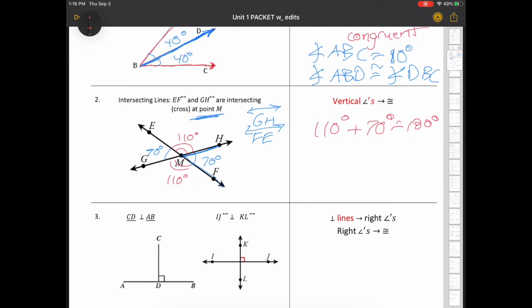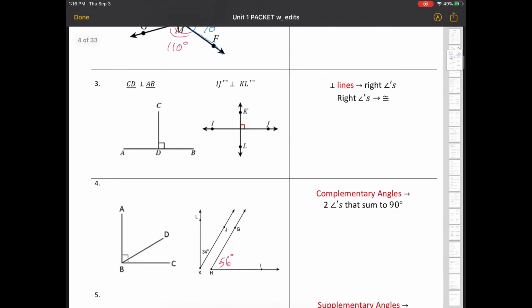So for the next piece, we now have perpendicular lines. So perpendicular lines are two lines that meet to form a right angle. So we have line CD perpendicular to line AB here. So that means when they meet, both of these do create right angles. So 90 degrees and 90 degrees. And what do we notice again?